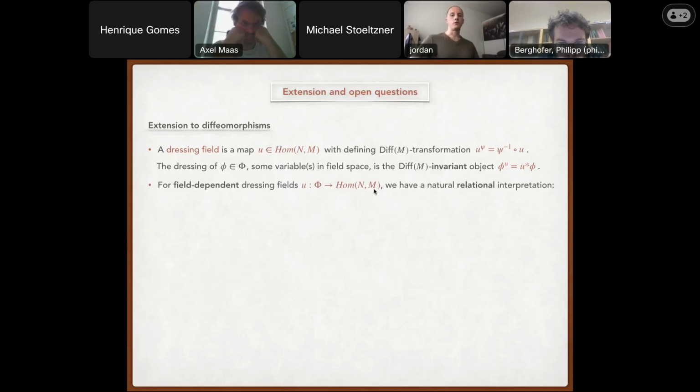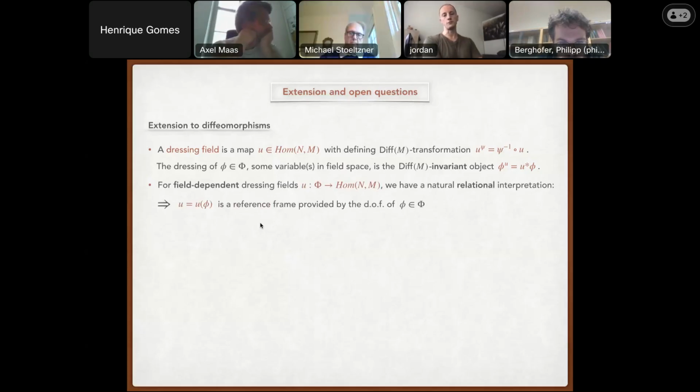We have a natural relational interpretation of those objects, right? Because in that case, you would say that the field dependent dressing field gives you a reference frame provided by the degrees of freedom of the field. And in that case, the dressed field will represent the physical degrees of freedom relationally defined with respect to each other, right? So for example, if phi has two elements, a couple with the metric and a scalar field, you would say that your phi would be simply your scalar field.